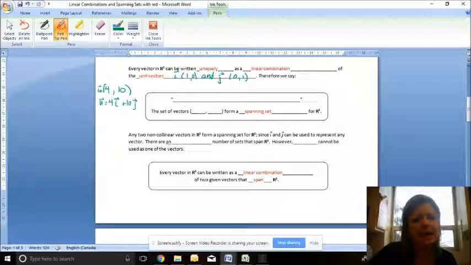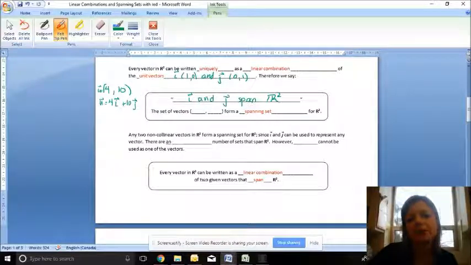So what we say is that i and j span R2. So that means that a linear combination of i and j can be made to represent anything on the xy axis.